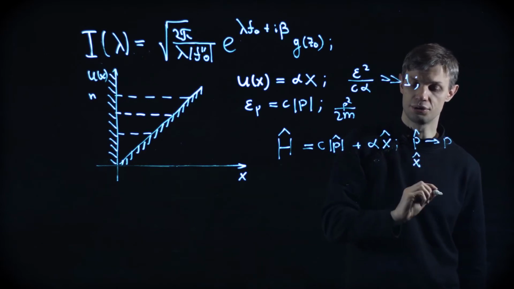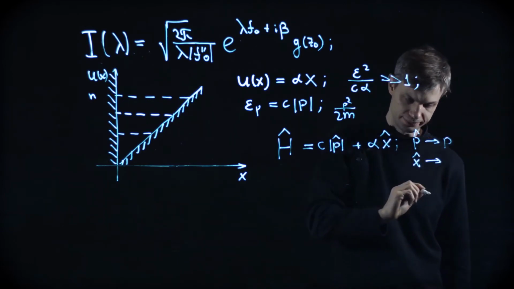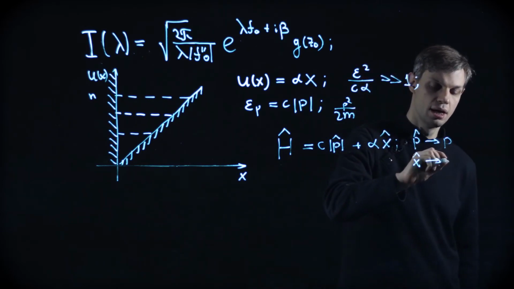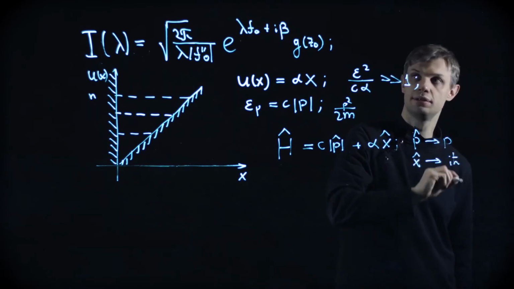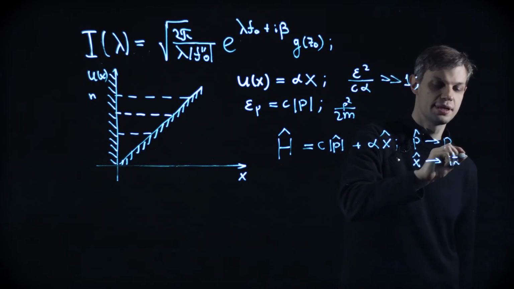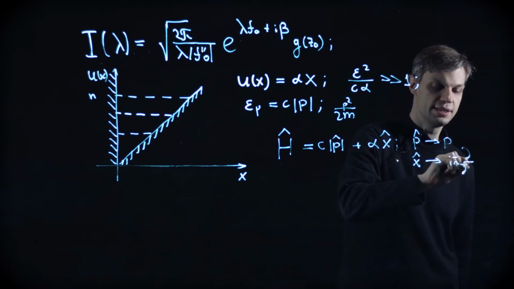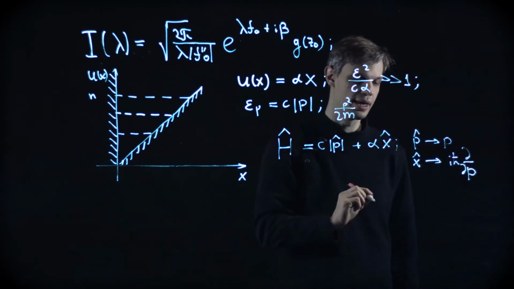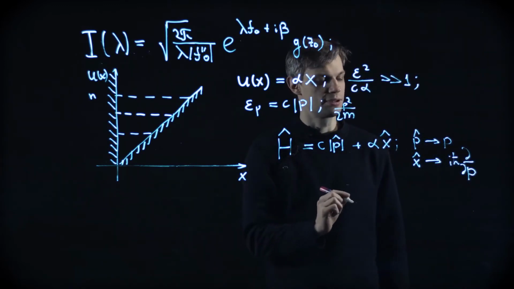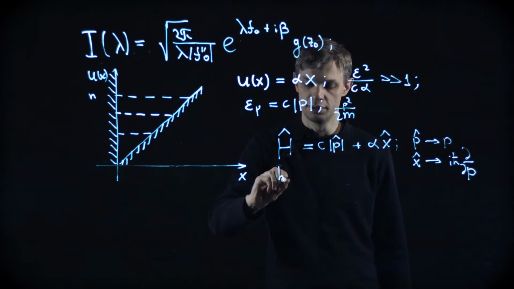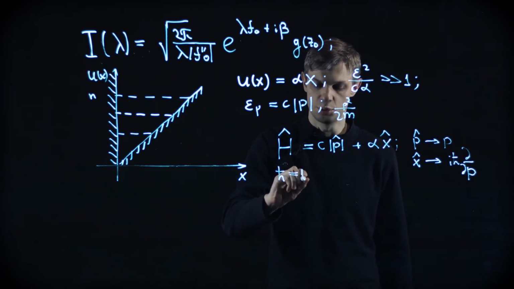And our coordinate operator, probably you remember, is i h bar d over dp, where h bar is Planck's constant. We'll work in so-called God-given units, so we'll put h bar equal to 1.